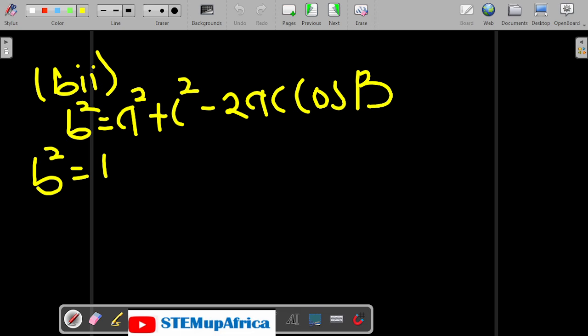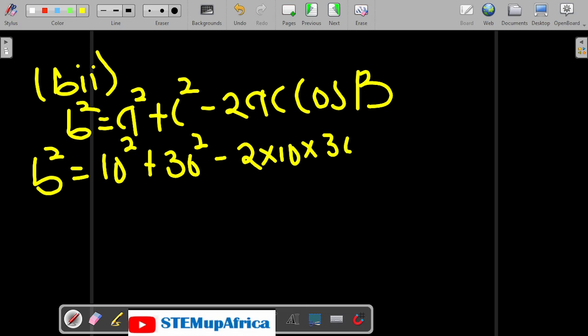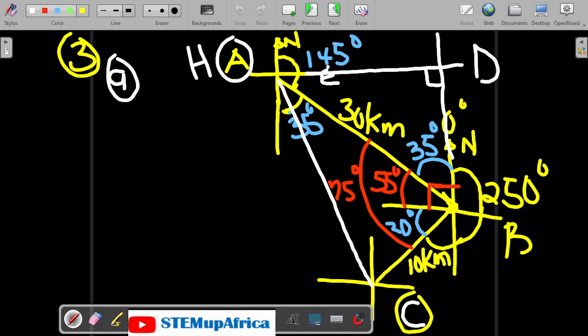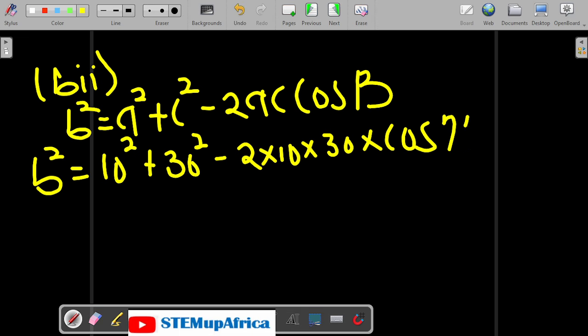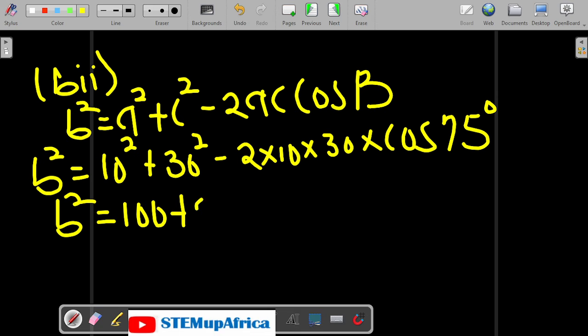So I'm having 10 squared plus 30 squared minus 2 times 10 times 30 times cos of the angle at B, which is 75 degrees. So 10 squared is 100, 30 squared is 900. Then 2 times 10 times 30 is 600.